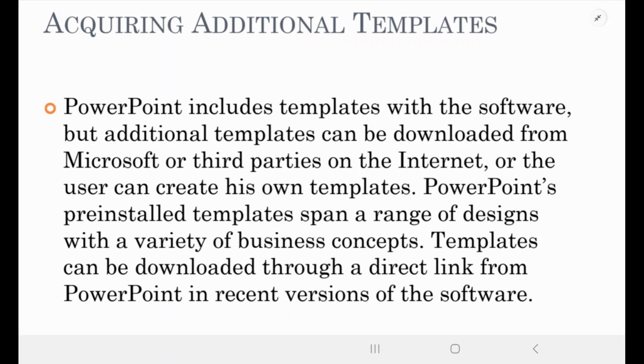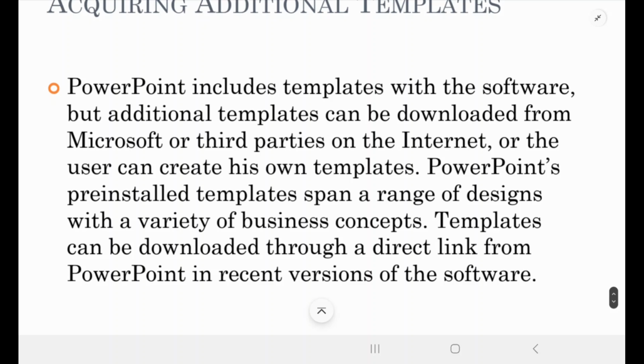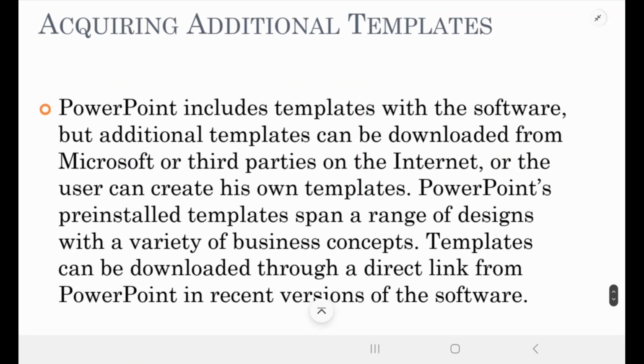How to acquire additional templates? As you know, when you click on the templates option, the app will provide you different types of templates. But if your need is not satisfied with these provided templates, you can acquire new ones.